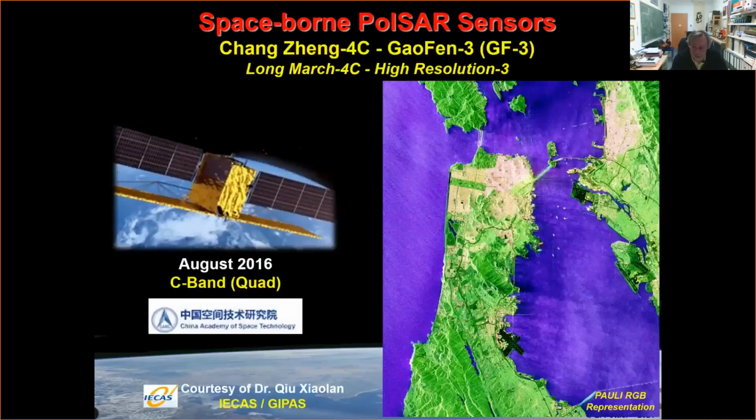And then we have the Chinese system. The name is Gaofen-3. It was launched some years ago. It is in C-band, and it's a very, very beautiful system which provides very high accuracy polarimetric information. And you can see here, for example, the internal waves of the ocean inside the bay. So this is still the San Francisco area.